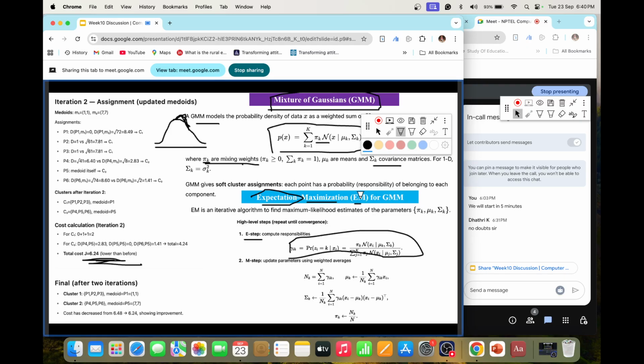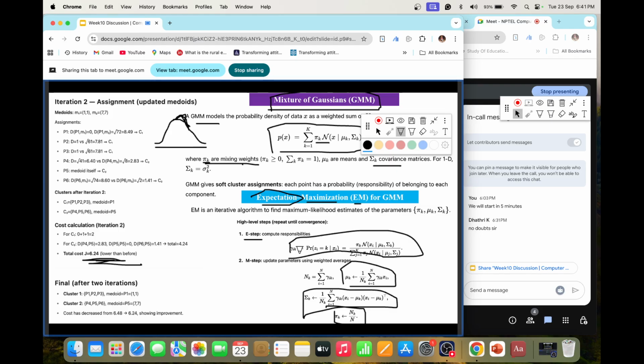We try to change or update these parameters. These three things get updated, and by that our responsibility, this gamma ik, will increase. So that together is known as the EM algorithm, or the expectation maximization algorithm.